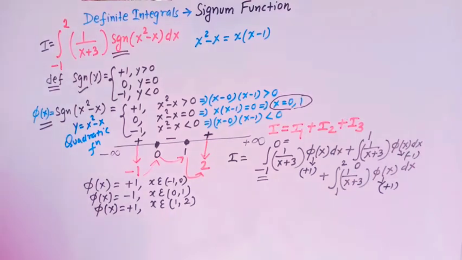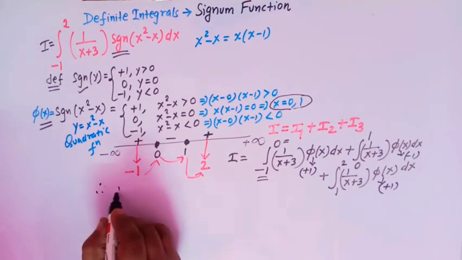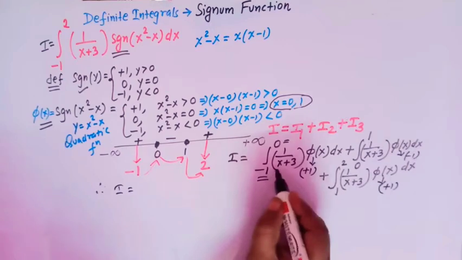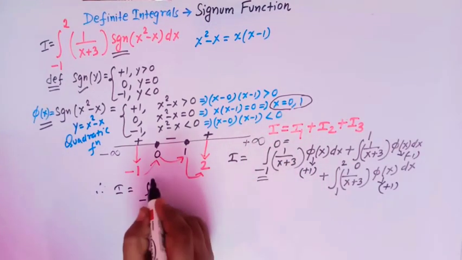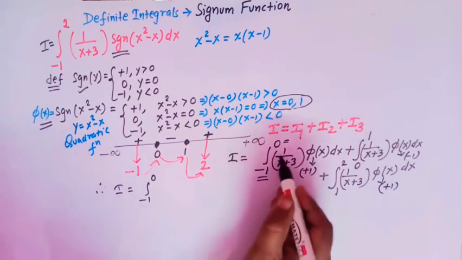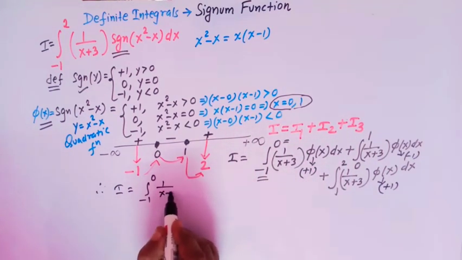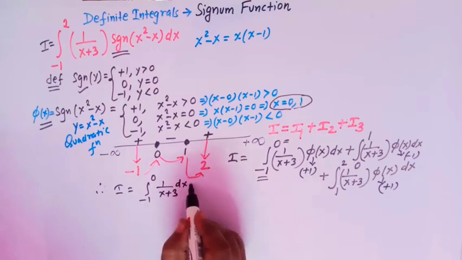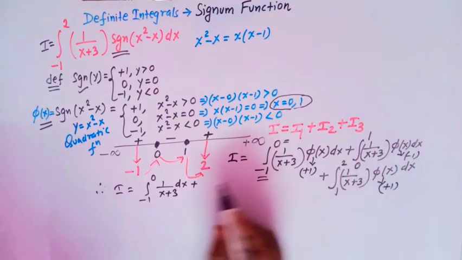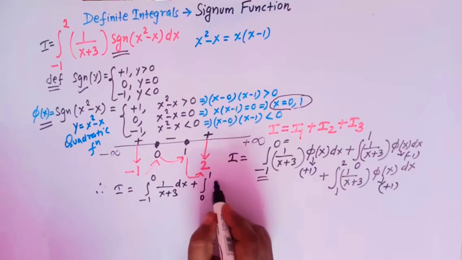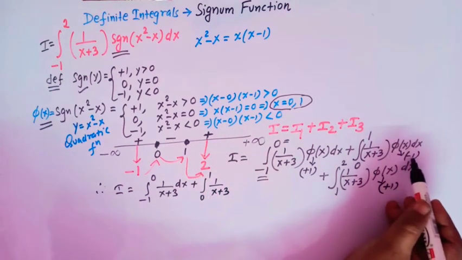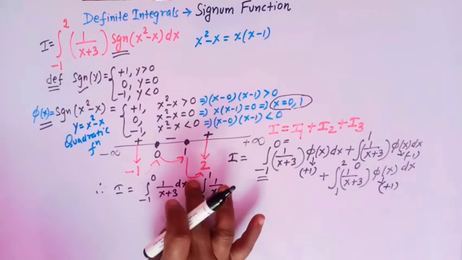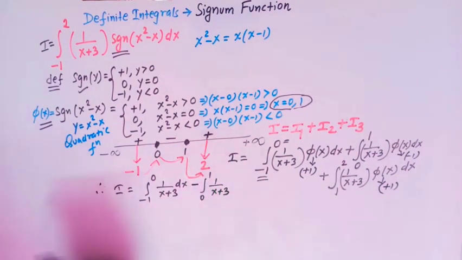Okay, so therefore I is equal to the first integral from minus 1 to 0, where phi of x is plus 1, so we have simply 1 over x plus 3 dx. Then we have the integral from 0 to 1 of 1 over x plus 3, and here phi of x is equal to minus 1, so we can take this negative sign over here, and here we have dx.